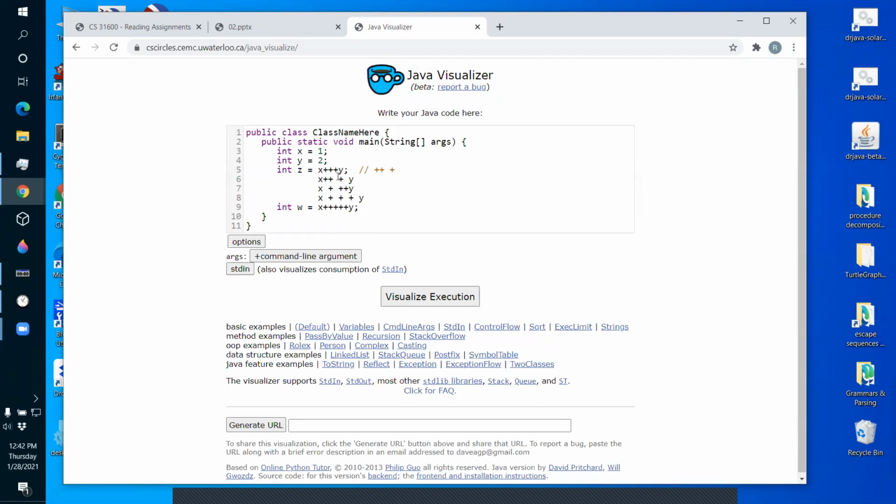This one means add X to Y, and then what? What do you do after you add X to Y?